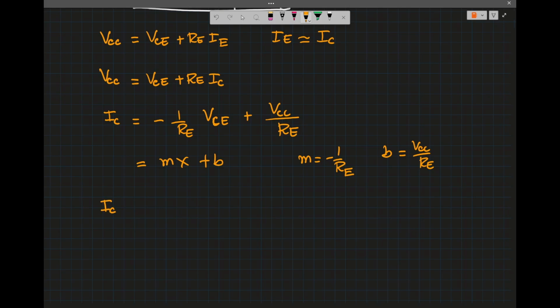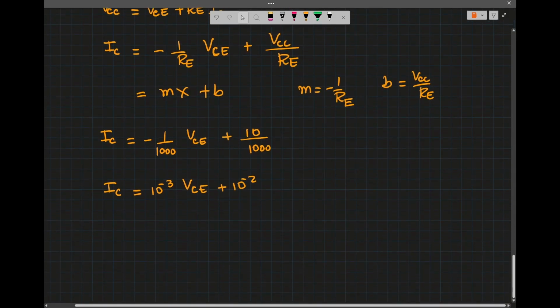So IC is minus 1 over 1000 VCE plus 10 over 1000. So IC will be 10 to the negative 3 VCE plus 10 to the negative 2.